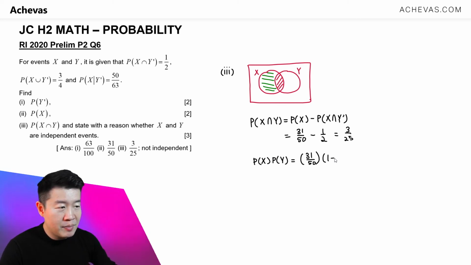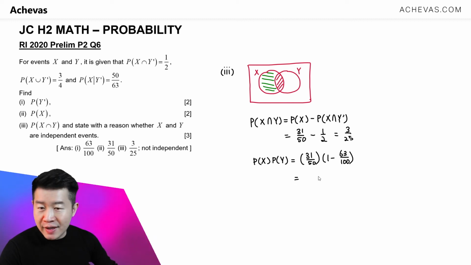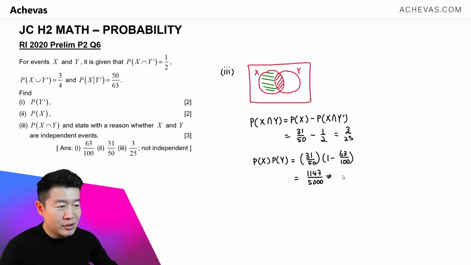So I'm going to take 1 minus away the probability of y prime, which is 63 over 100. And this, I will be getting 1147 over 5,000. And this is not equal to the probability of x and y. And therefore, from this, I can say that the events x and y are not independent.